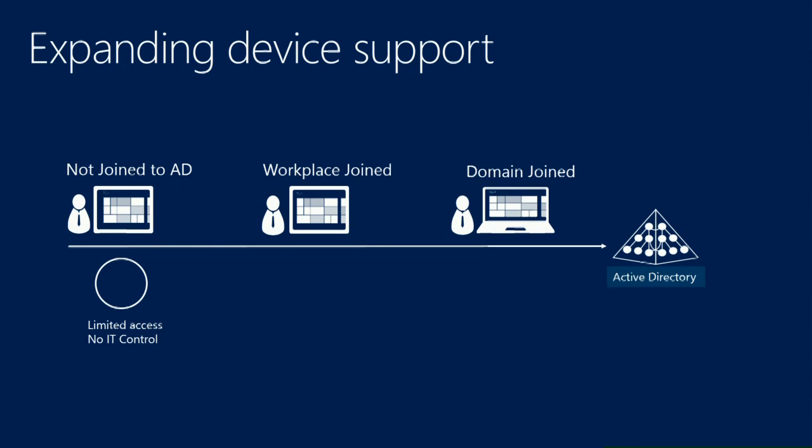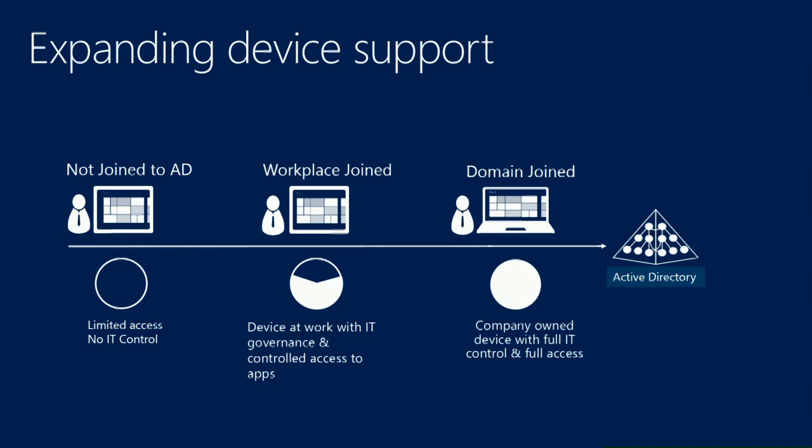We've now put a pivot in the middle from a workplace-joined perspective, where we start from limited access with no IT control, and move forward to a device that is known to you, and as a result you can drive the right access governance for providing access to resources. And finally, a domain-joined device, which a company fully owns, is managed by IT, and has more access to the resources.